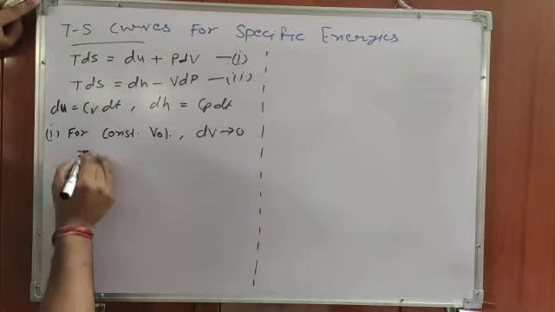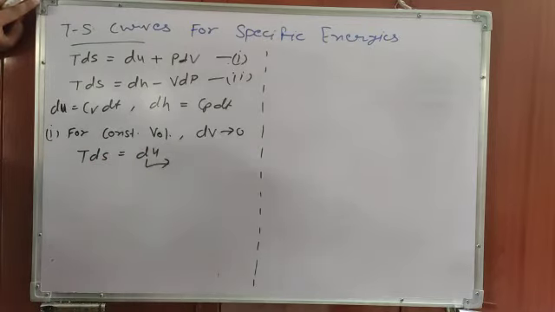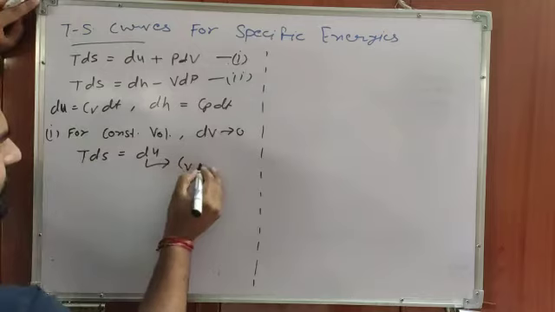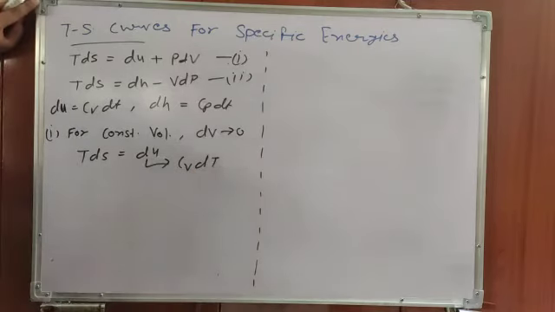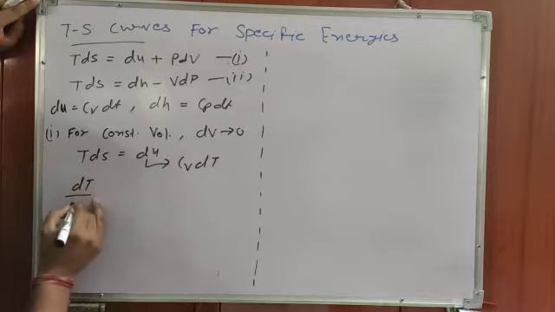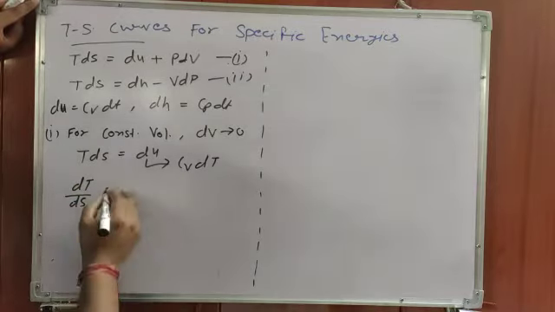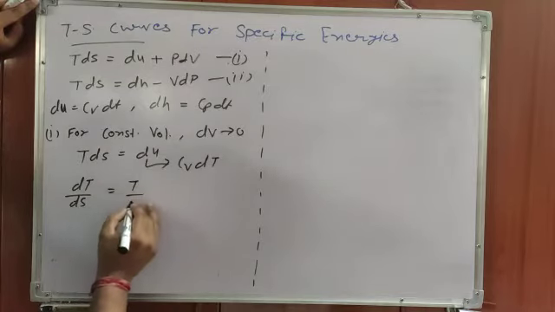Now TdS is equal to dU, which is Cv dT. Rearranging, we can write dT upon dS is equal to T upon Cv.